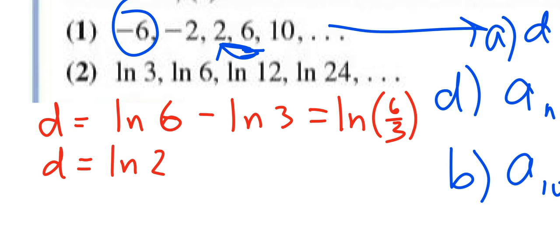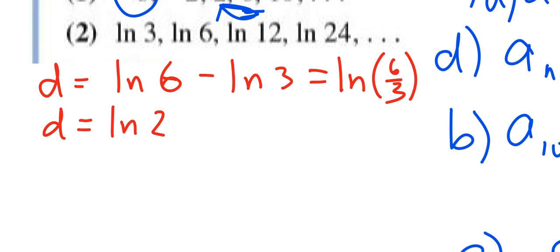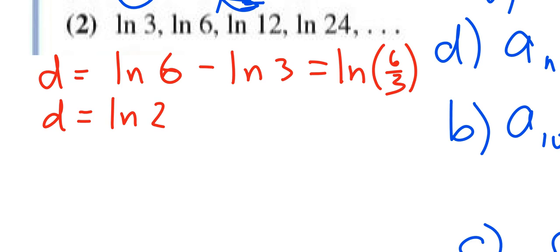I know, pretty cool. And I'm not going to type that on a calculator. There's no reason I'm going to type that on a calculator. We're just going to include it in our formulas. So for instance, let's jump to letter D, the explicit one.